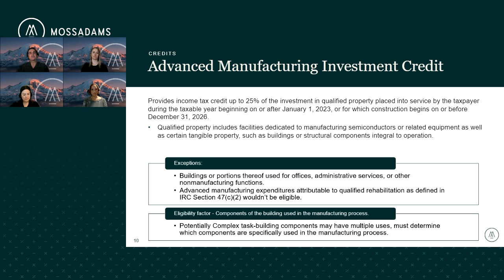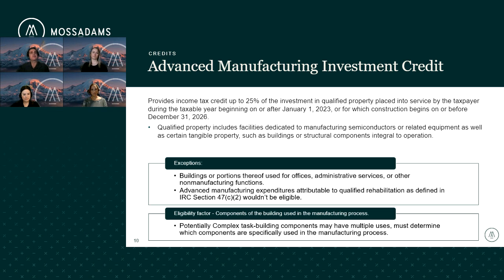Qualified property is facilities manufacturing semiconductors. During COVID, there were big issues with the semiconductor supply chain, most of which is in Taiwan. And so it's an incentive to drive some of that manufacturing within the United States.